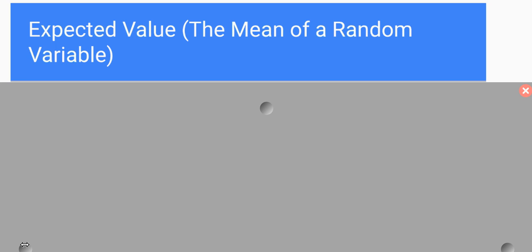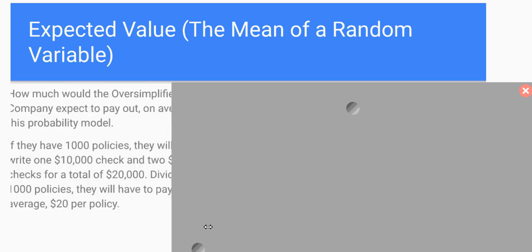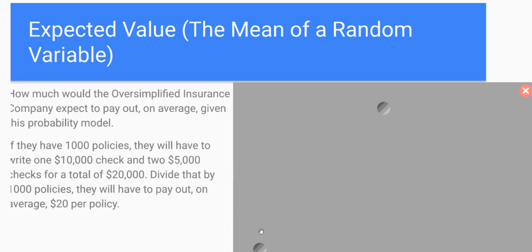So we're going to put it in words first over here. How much could they expect to pay out on average given this probability model? Well, if they had 1,000 policies, they're going to write 1 $10,000 check, 2 $5,000 checks for a total of $10,000 or $20,000, right?